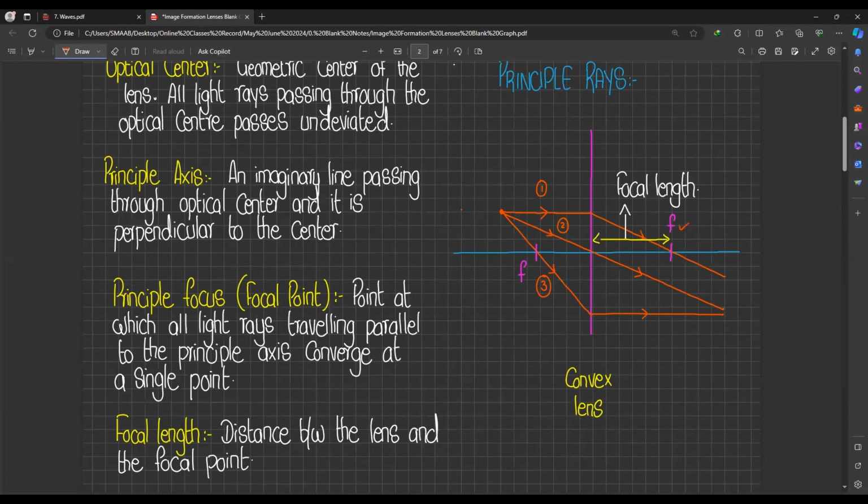When you measure a straight path from the lens, which is in the center, the distance from the lens to this principal focus, or focal point, is known as focal length. Principal focus and focal point are the same thing. This is a straight measurement. Okay, sir, understood. Thank you.